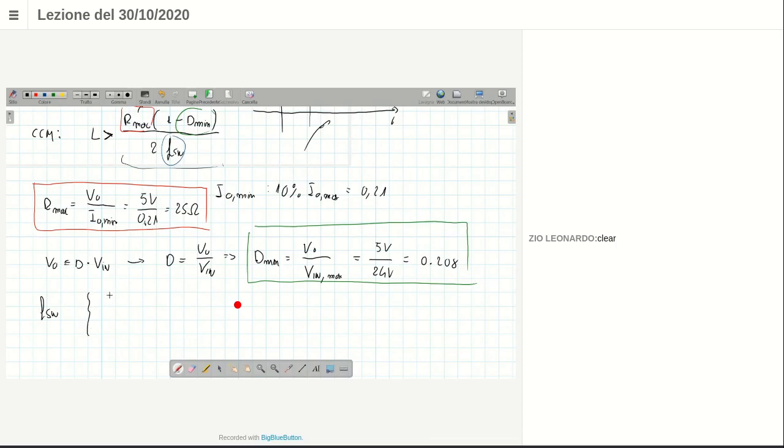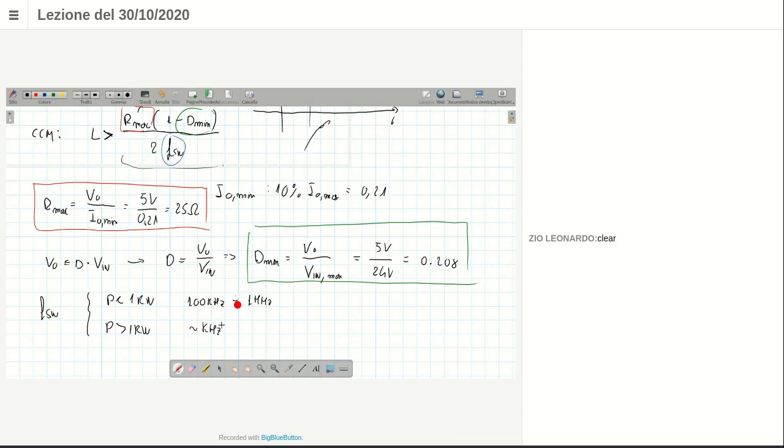First of all, for an output power less than 1 kilowatt, the switching frequency could be in the range from 100 kilohertz up to 1 megahertz. Whereas if we target a power that is larger than 1 kilowatt, the frequency should be lower. Generally speaking, the higher the power, the lower the frequency.